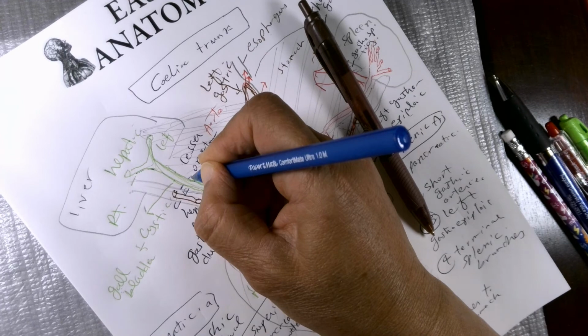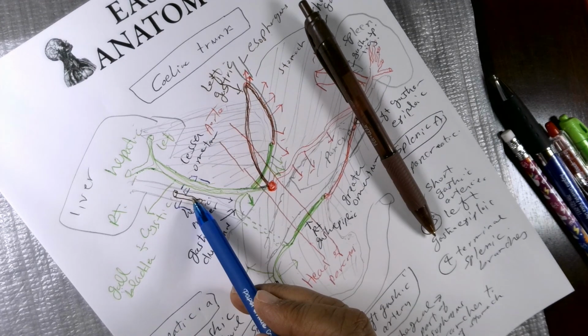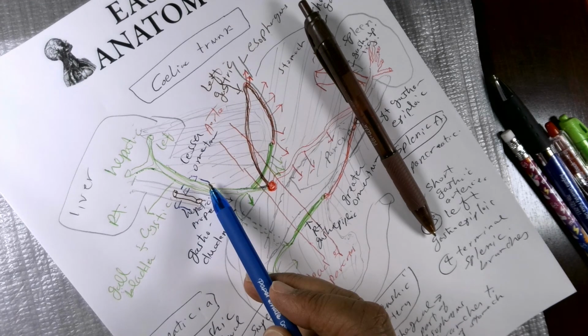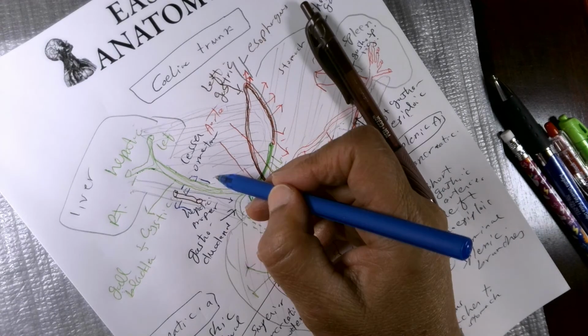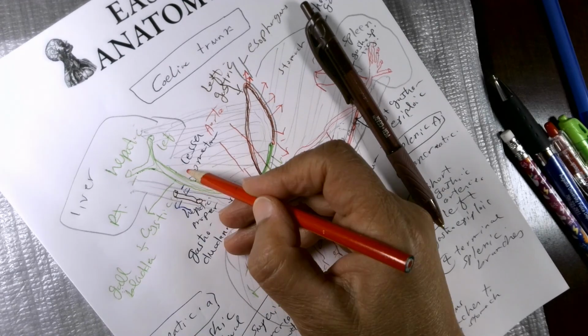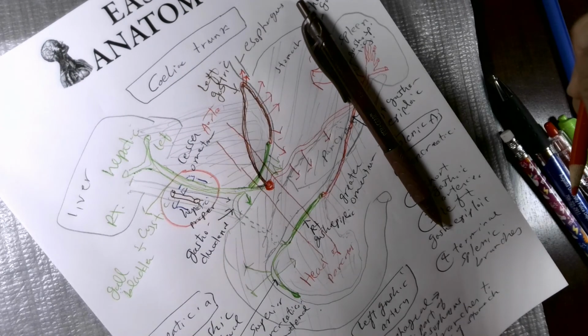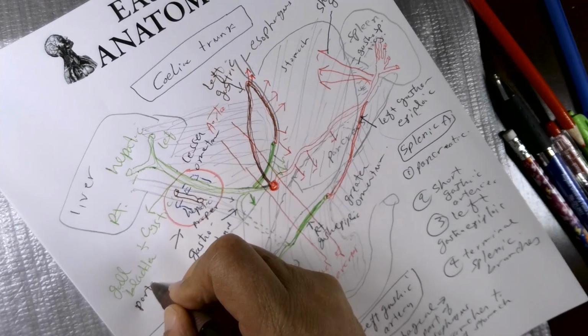Okay, so what is the name of these three structures? Hepatic artery, common bile duct, and portal vein. We call them the portal triad. If you zoom in this area, the free margin of the lesser omentum, you will find three structures. We call them the portal triad.